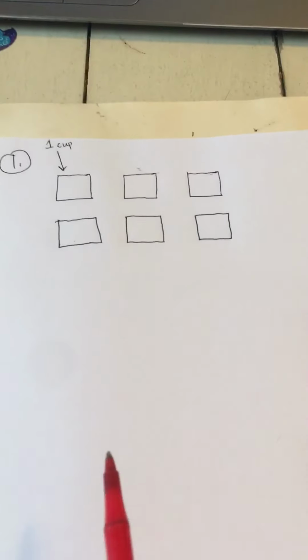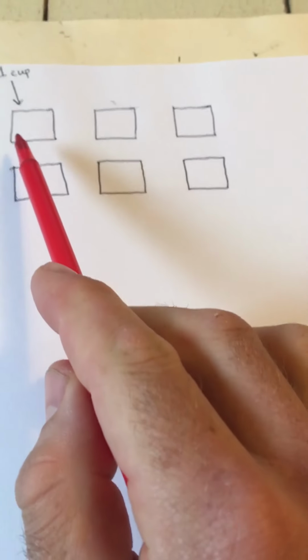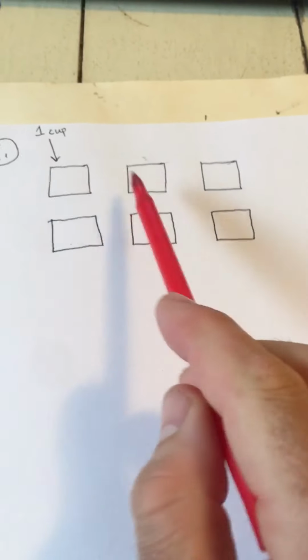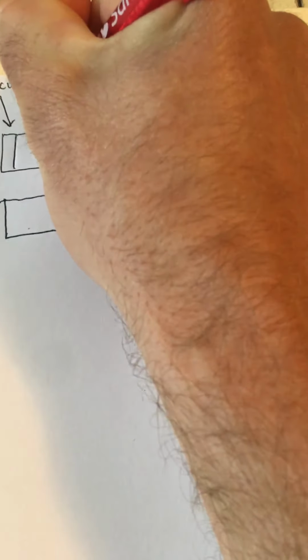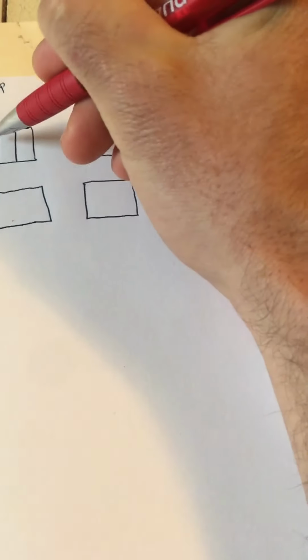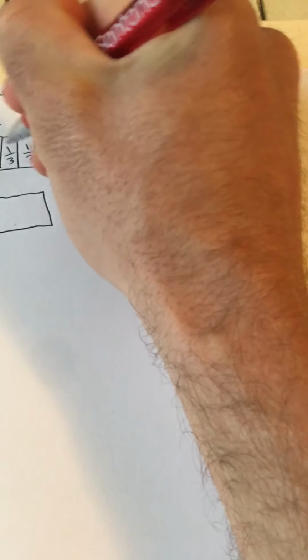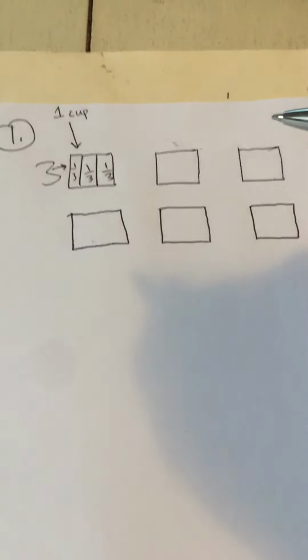But here's my model. I want to show you in a model how to also prove that we're doing division. Okay, so we have our 6 cups, and we're making 1/3 cup servings. So each one of these I'm going to cut into thirds. So 1/3 for each of these sections. So he can get 3 servings out of each cup.